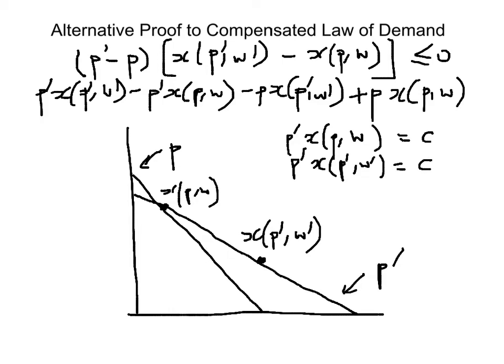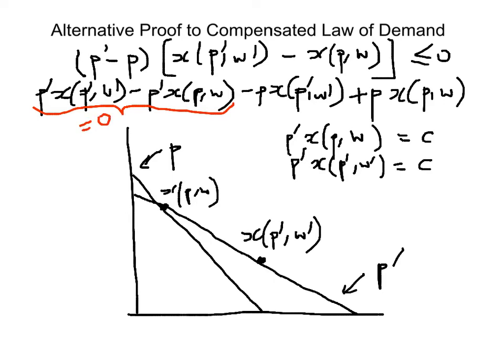So these two items here in the expression are equal, right? They're equal to some constant, so they cancel out. So this entire expression here is equal to 0.